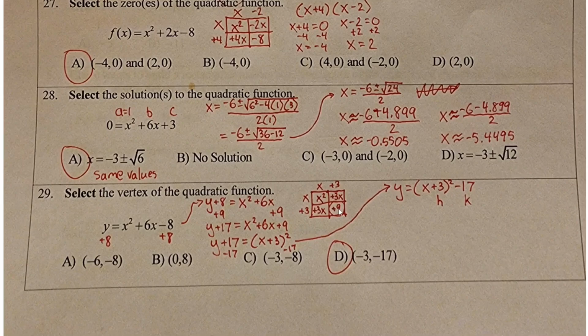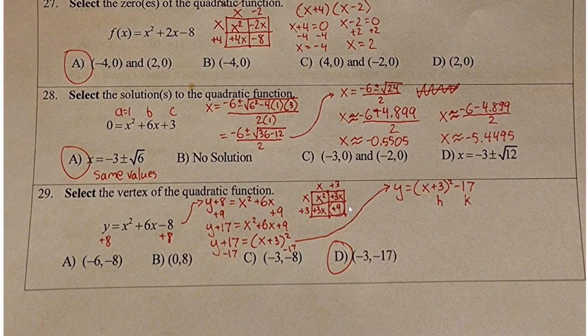But the whole thing is, if I want it to be x plus 3 times x plus 3, I need a +9, which I didn't have, because I moved the constant over to the left. So I just add 9 to both sides. Now I got a 9. It's just about making it the number you want it to be. That's what I love about the completing the square process.